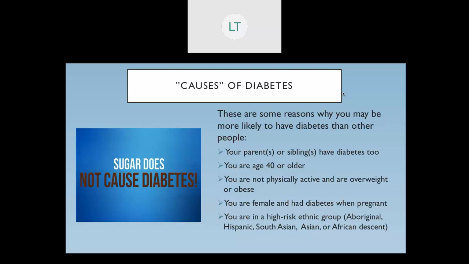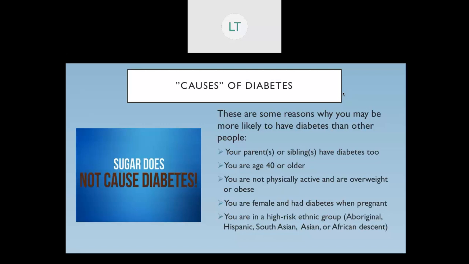There are actually many risk factors that will make you more likely to develop diabetes instead of somebody else. So some of these risk factors are, first of all, if you have a family member, specifically a parent or a sibling, who has diabetes, you are at an increased risk.